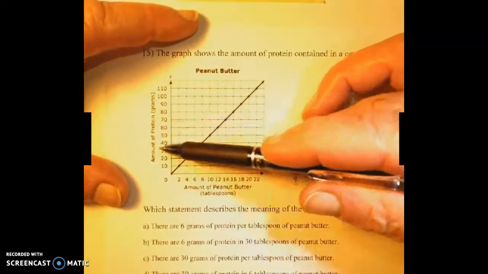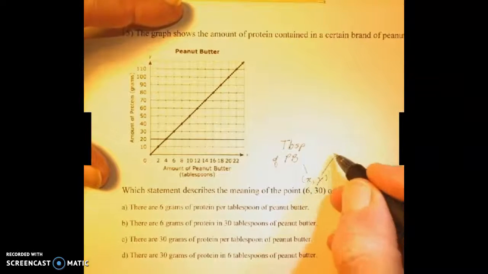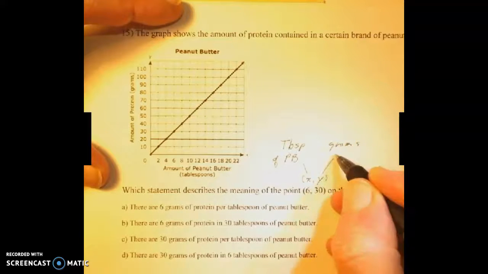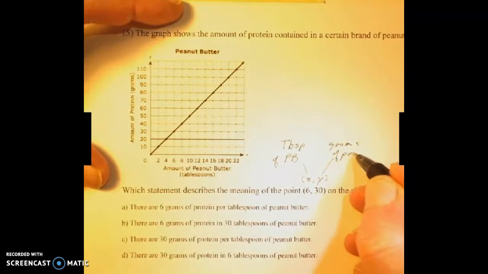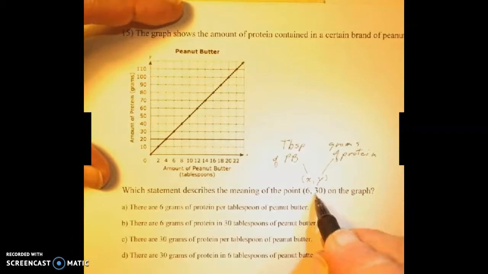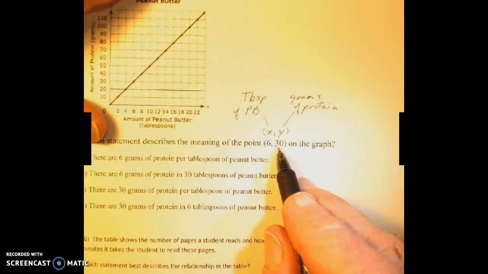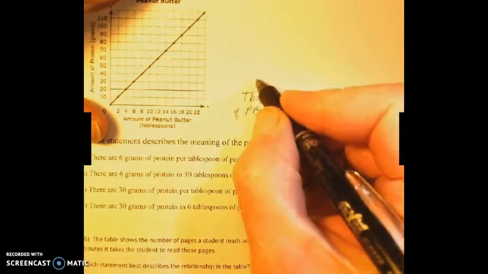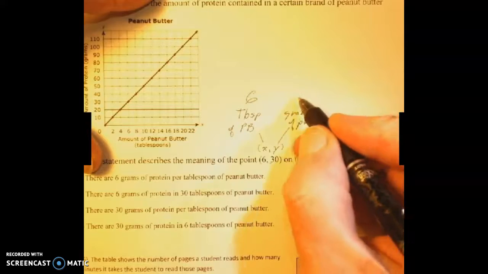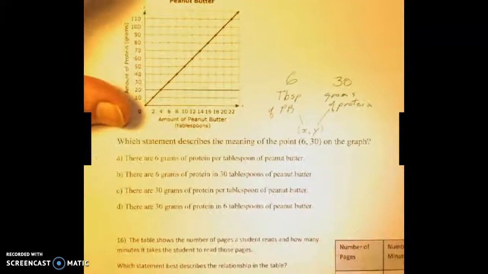It is the amount of protein in grams. So this is going to be our grams of protein. And in this specific point, it is the ordered pair (6, 30), which means we have 6 tablespoons of peanut butter is supposed to give us 30 grams of protein.